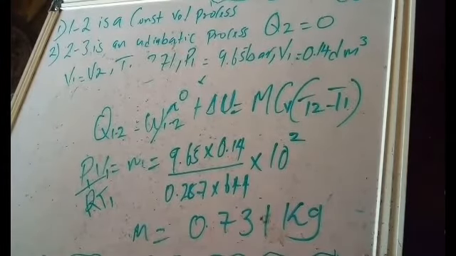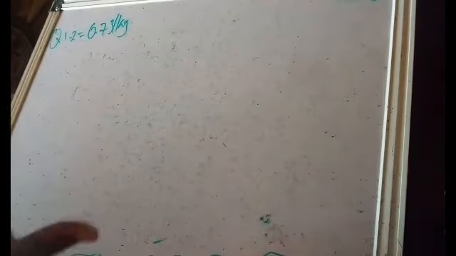So now what we have to do is input it back into the equation. Now I've wiped up the board. Inputting that into our equation, we have mCv, and our m becomes 0.731 kilograms. Now I want to put all my formulas in so we can see how to get the base formula for our Q1 to 2. We have mCv, where Cv is 1.0 kilojoule per kilogram Kelvin, times T2 minus T1.